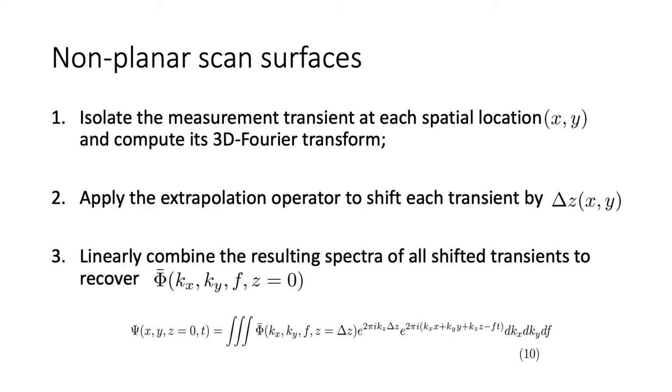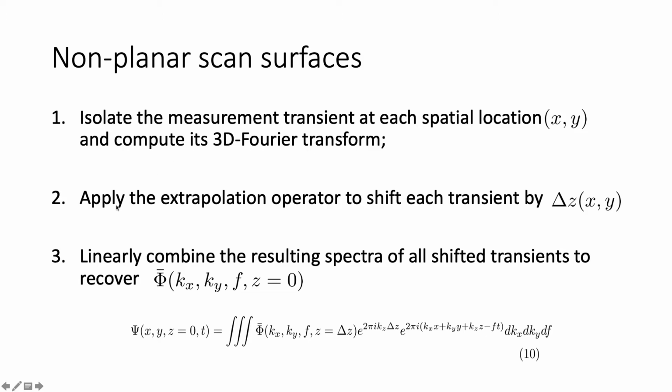Let the positions of the non-planar surface be parameterized by the function delta z(x, y). Then the procedure involves 3 steps. We first isolate the measurement transient at each spatial location xy and compute its 3D FT.